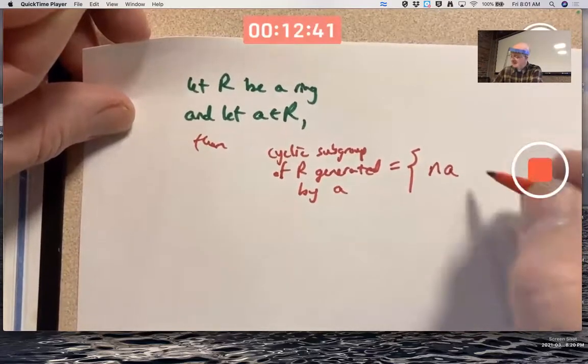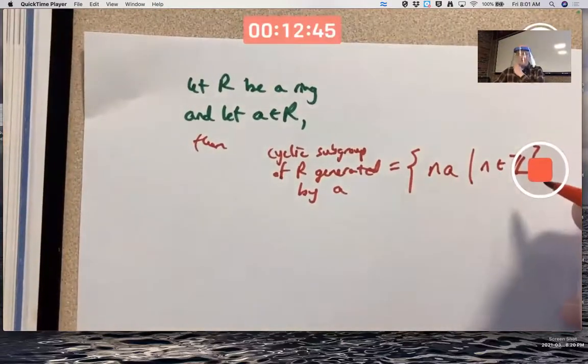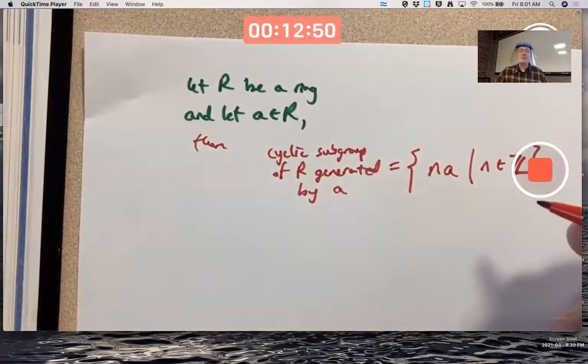NA, where N is an integer here. A is not necessarily an integer. R is an arbitrary ring.